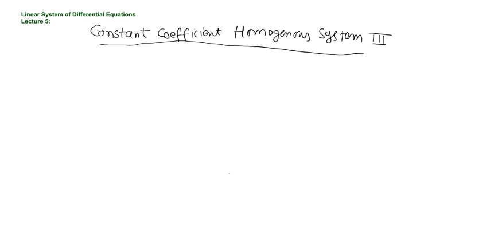In this video, we will study the third case of constant coefficient homogeneous systems. So now we have repeated eigenvalues.